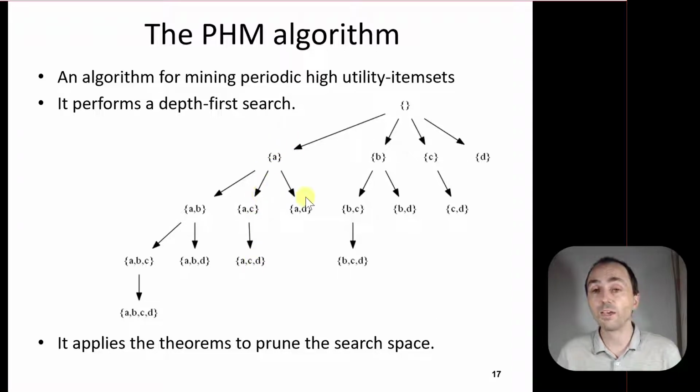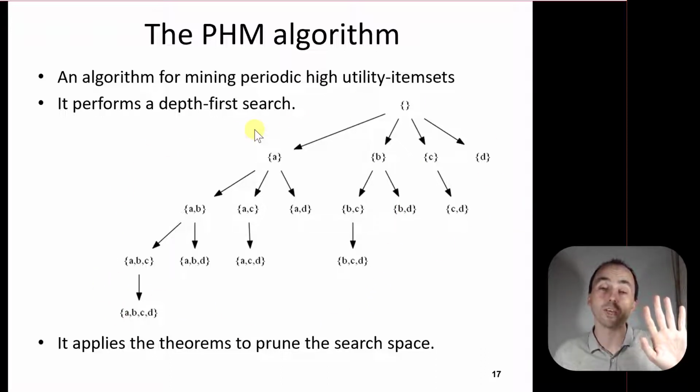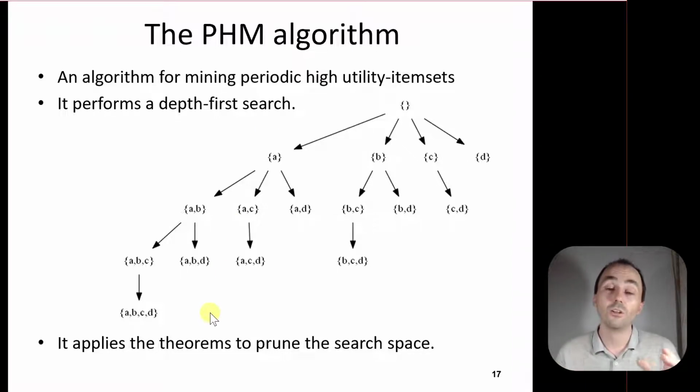Then go back, AD. Then after this, we have checked everything that starts from apple. The algorithm will start to search from bread, B and C, BCD, BD, and so on. Okay, and this is all the possibilities if we have 4 items, A, B, C, D. Here I did not put all the items, otherwise this will be too big for my PowerPoint.